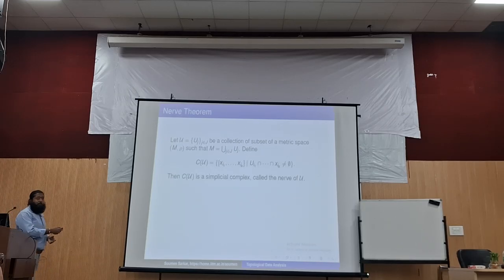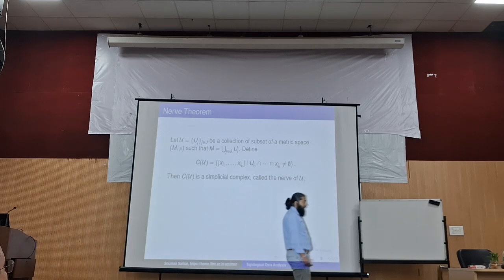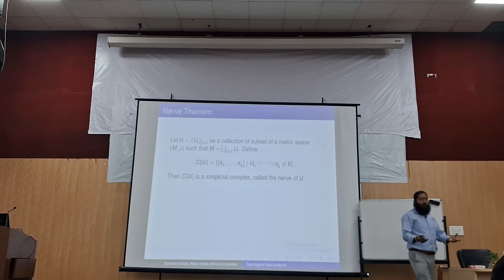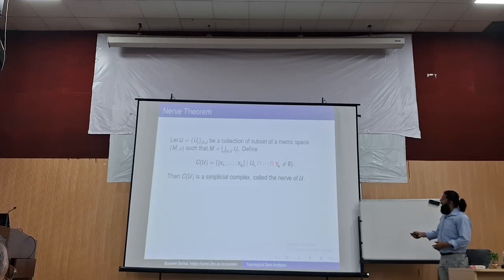So in topology, if we are given a metric space, it is a topological space and it has open subsets. So we take the collection of open subsets. If the open subsets satisfy a similar condition, oh, there is a mistake, it will be U_{i_k}.